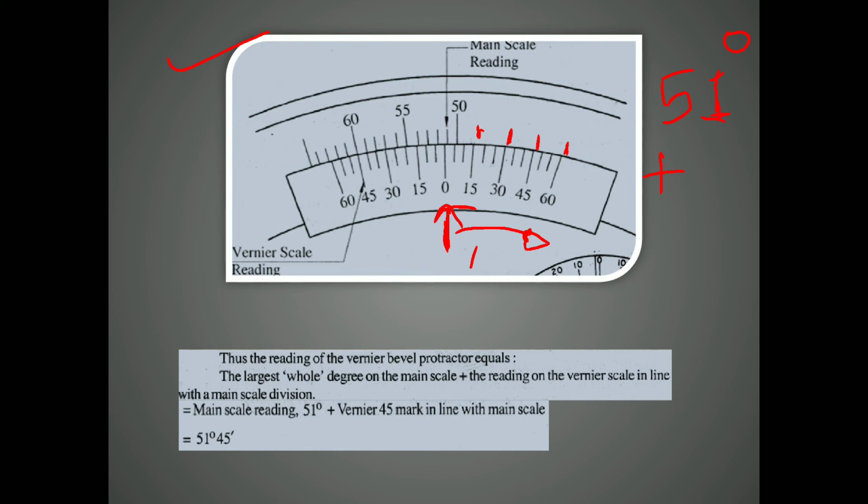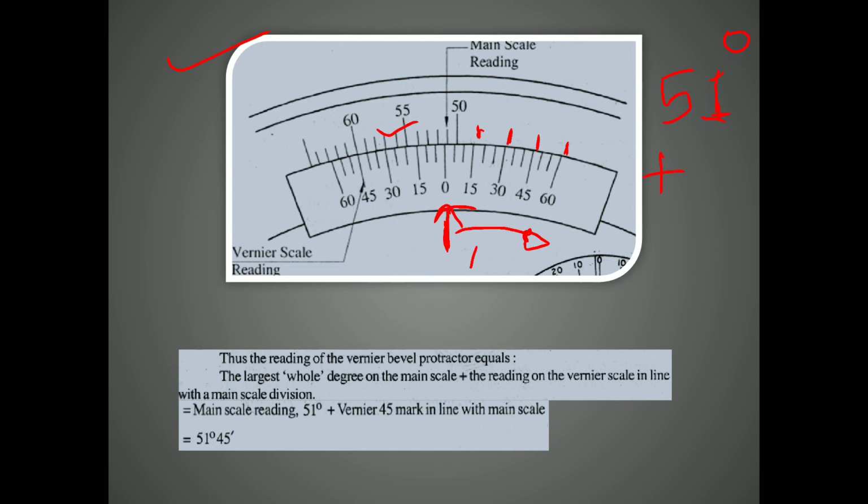So here you can see which line is perfectly matching with respect to the main line. Here you can see 0 is not matching with any line of the main scale. You should see that particular line perfectly coincide with respect to the main scale.